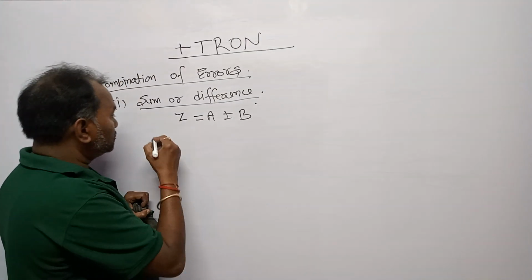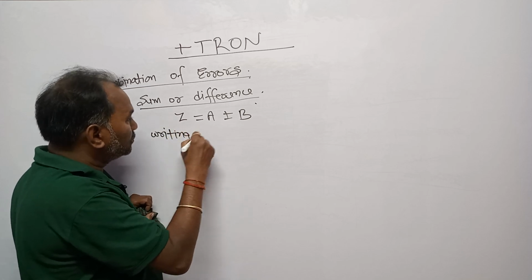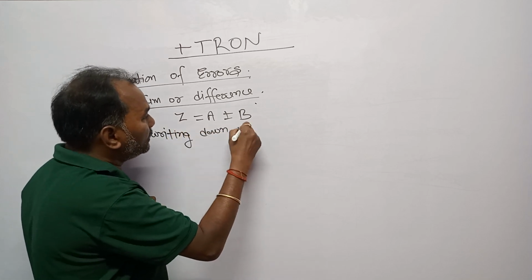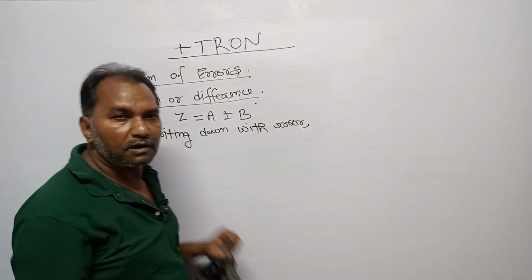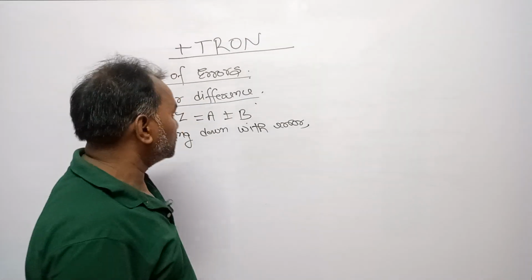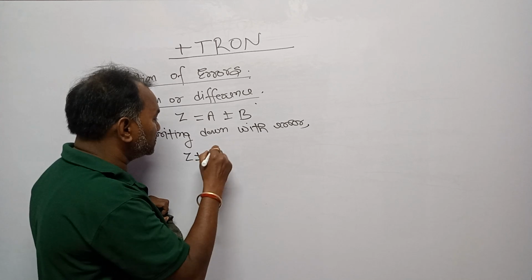Now what I am going to do is write it down with error. These formulas can be written in terms of error like this: z plus minus del z.